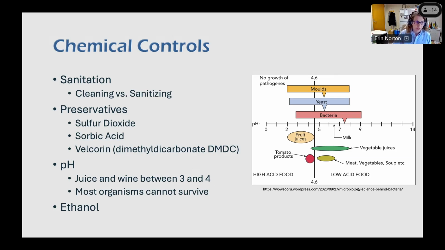pH. I wanted to make sure that I highlighted pH a little bit because I really feel like if you can understand pH and understand where we're at in the pH scale with wines and juices, and understand what a pKa means, and a pI maybe for proteins and things like that, you are going to understand so much more about the interactions of things happening in wine and the way that wine or juice, for that matter, can behave.